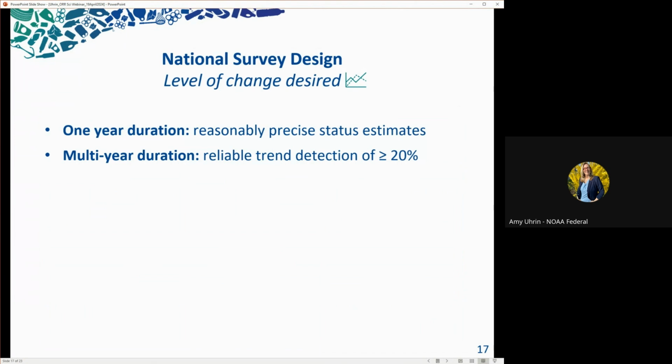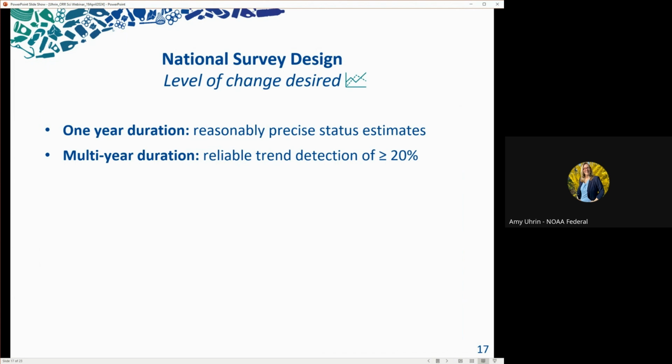In terms of our desired level of change, so this is the next step in the experimental or survey design process, well, we wanted to be able in 1 year to have a reasonably precise status estimate. And then we decided that in the long term, we wanted to be able to detect changes in debris that were either greater than or equal to 20%, because we felt that that is a large enough percentage, you're probably actually going to be able to see a change.